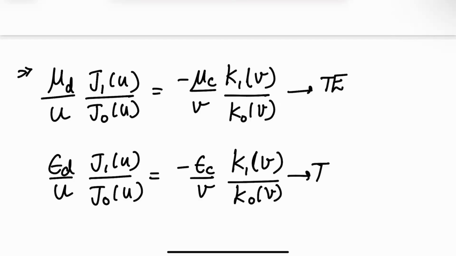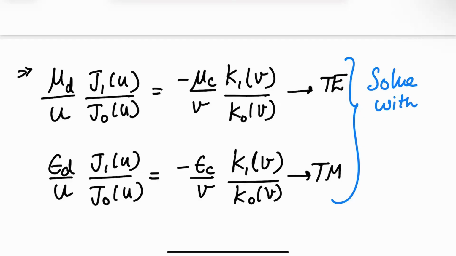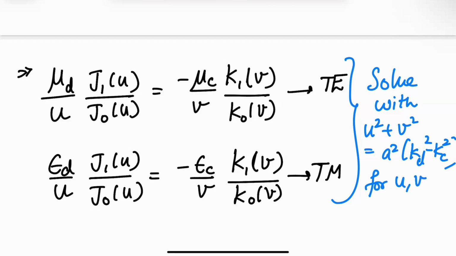So this gives TM modes. Of course, you need to solve this along with the dispersion relation for u and v, u squared plus v squared equal to k0 squared times (nd squared minus nc squared), for u and v, and also for beta.